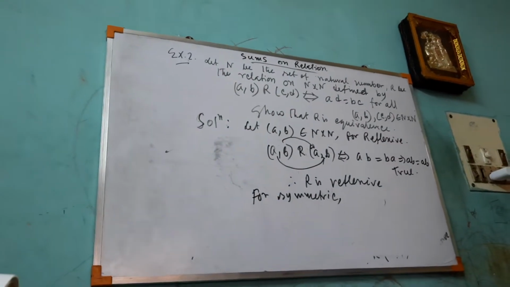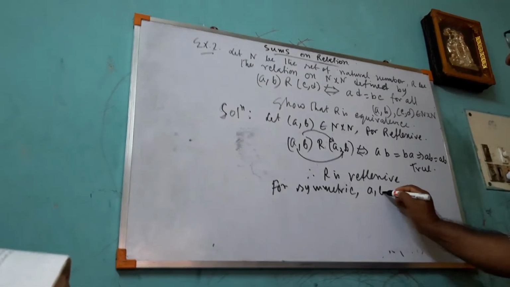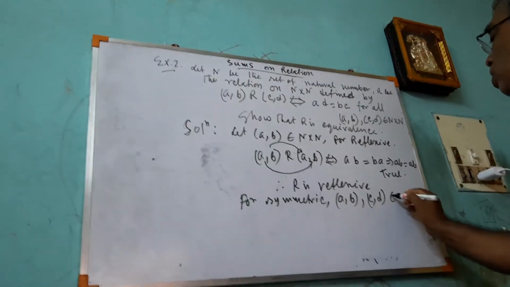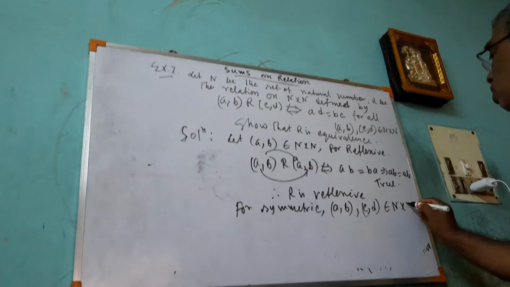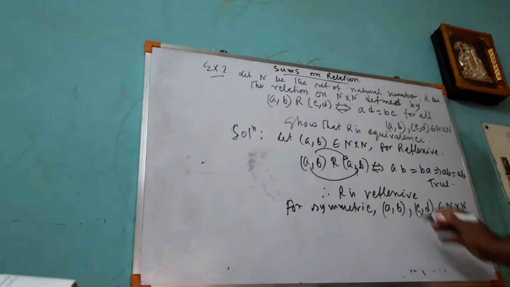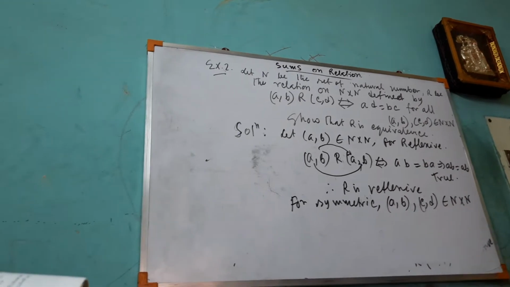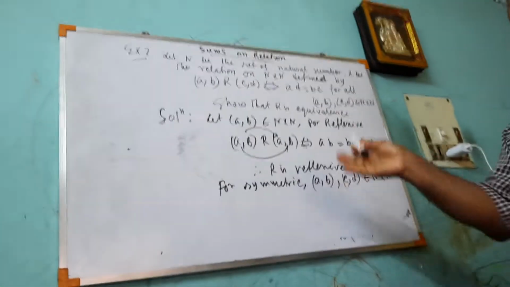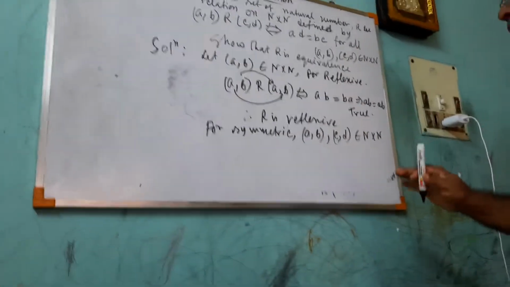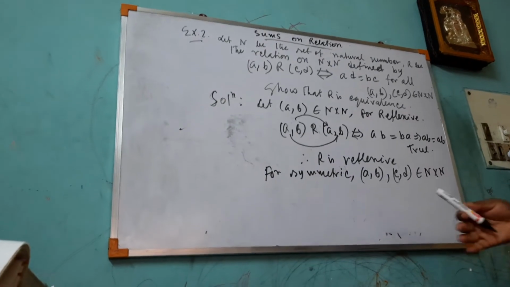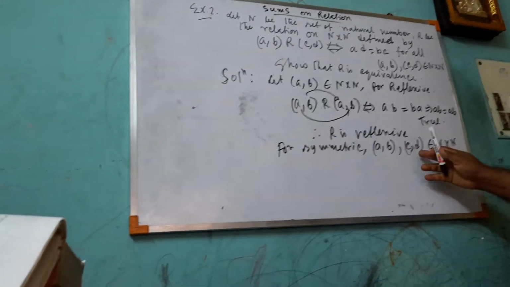Similarly, for symmetric, we have to take two pairs, like (a,b) and (c,d) belonging to N cross N. We have to check (a,b) R (c,d) and the opposite. First (a,b) related to (c,d), then from this we have to show (c,d) related to (a,b), then we can say it is symmetric.